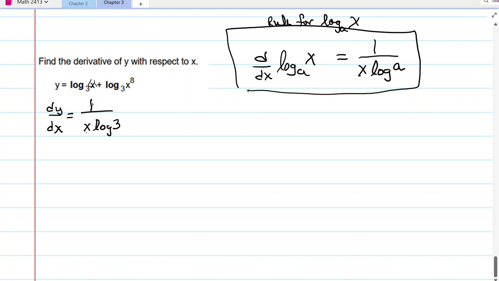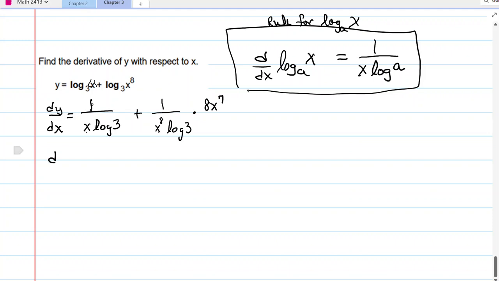And if we change it, we'd have to multiply by the log of 3 because that's the base we're using. In this case, we don't have any exponent on x, so then we're going to put plus. Now on this one we do. And here we go. We're going to have 1 over x to the 8 log of 3. And then we have the du on that guy, which is 8x to the 7. There you go.